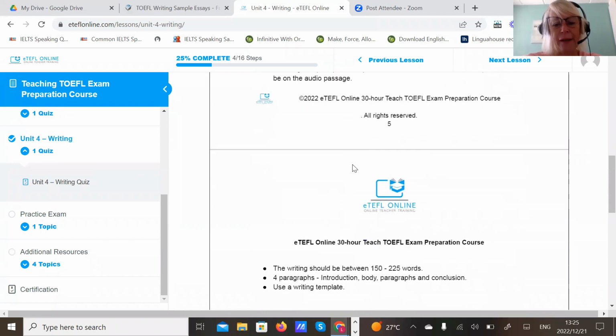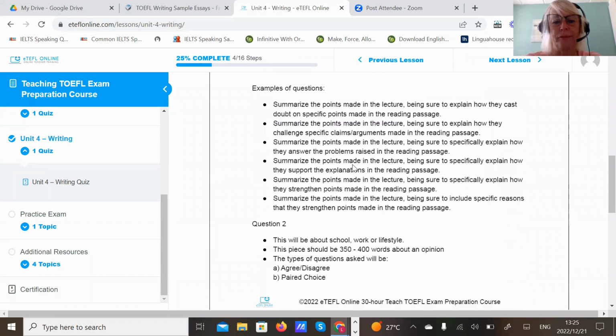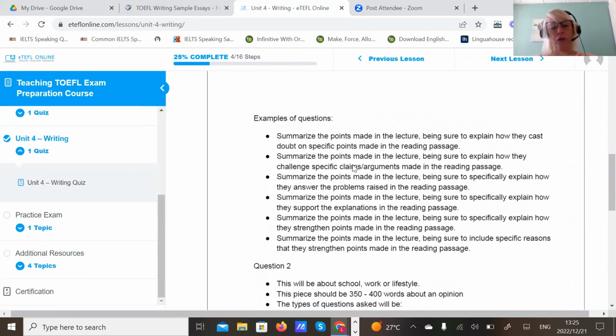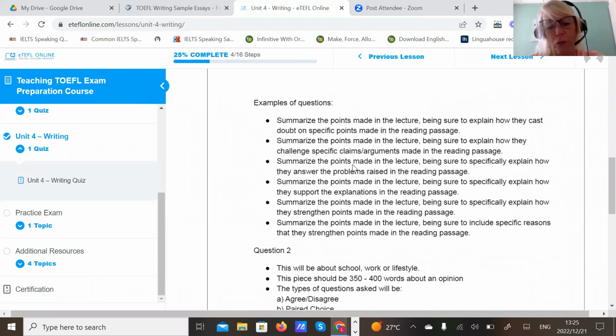Let's have a look at the examples of questions. So the part 1, a lot of summarizing points, mainly made in the lecture, like the example I showed you, explaining how they cast doubt, explain how they challenge specific claims, explain how they answer the problems, and specifically explain how they support the explanations.